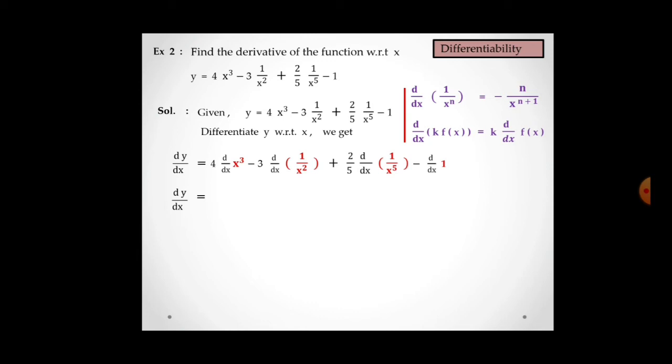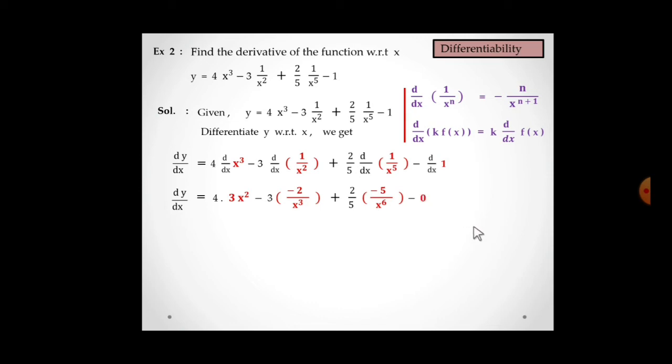The derivative of x cube is 3x square, 4 as it is, minus 3 as it is. Now minus 2 divided by x cube, I am using this formula here, plus 2 by 5 as it is, minus 5 divided by x raised to 5 plus 1, which becomes 6, and the derivative of 1 is 0.